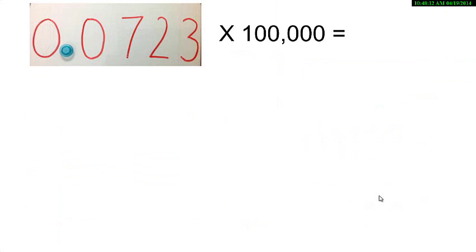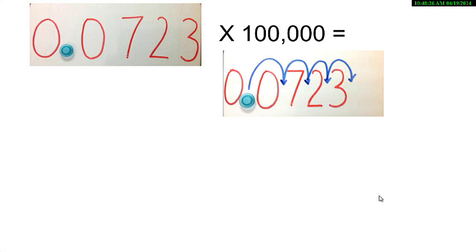Count the number of zeros in 100,000. There are 5 zeros. This means that the decimal point of the magnet has to move 5 places to the right. So let me mark the places for you. So right here, my decimal has moved 1, 2, 3 and 4 places to the right. However, when the decimal point moves 4 places to the right, there is no number after 3.